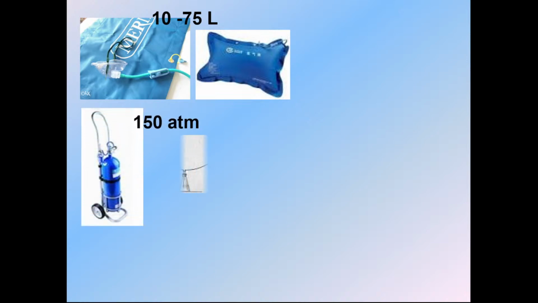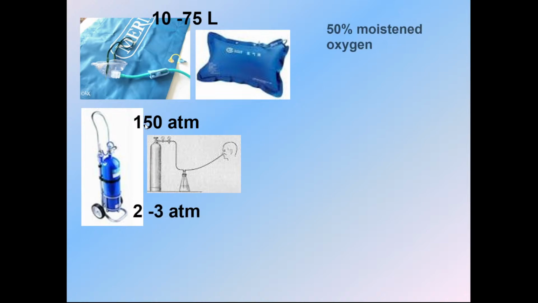Oxygen in the cylinder is held at 150 atmospheres, but it goes into the organism at 2-3 atmospheres, regulated with a special manometer, and the doctor or nurse must obligatorily control the oxygen flow.